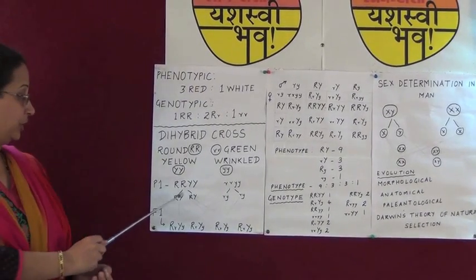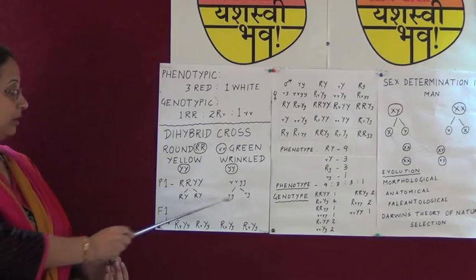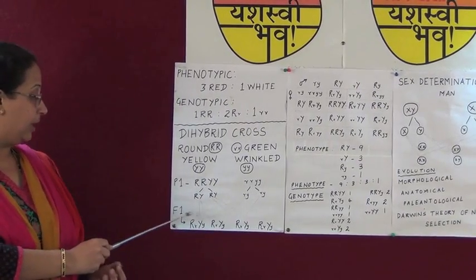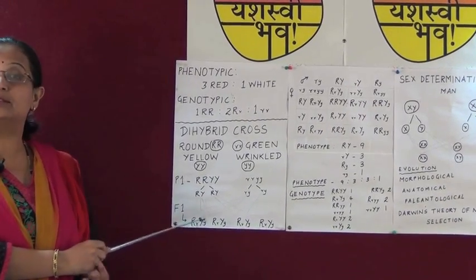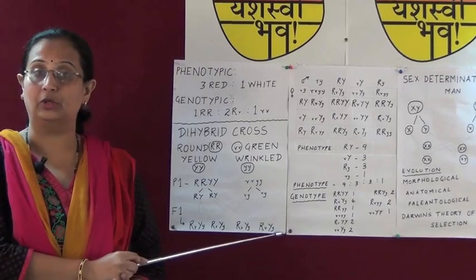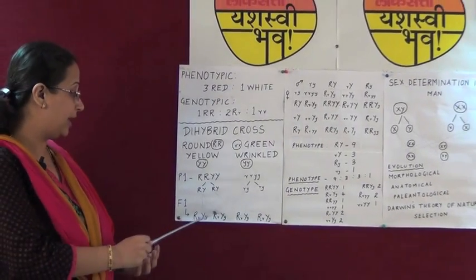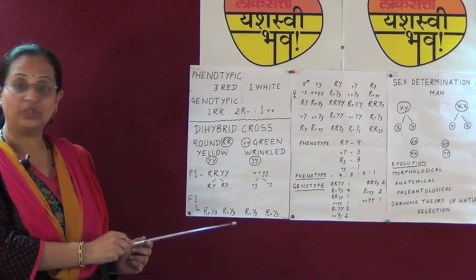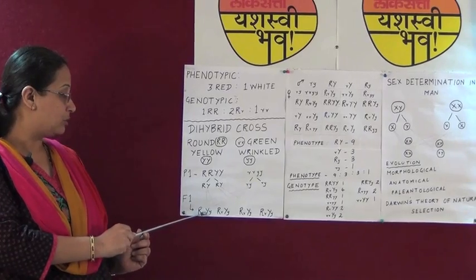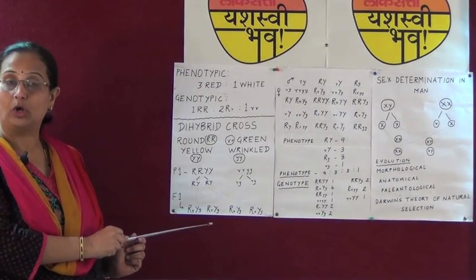The P1 generation shows the formation of gametes. In the F1 generation, that is the first filial generation or the progeny, we can see the formation of capital R, small r, capital Y, small y.